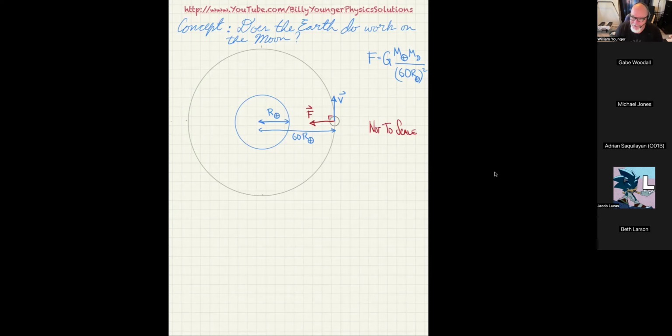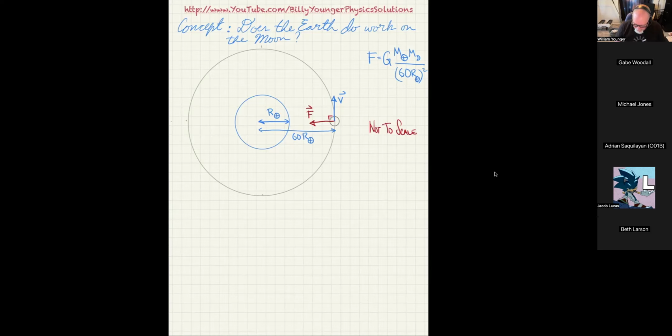It points radially inward, and that means it's a radius. So if you imagine the orbit of the moon being an actual circle, then the F vector is parallel to a radius. If you drew a line from the center of the Earth to the center of the moon, that would be a radius line, and the force has to be parallel to that, specifically pointing from the moon towards the Earth.